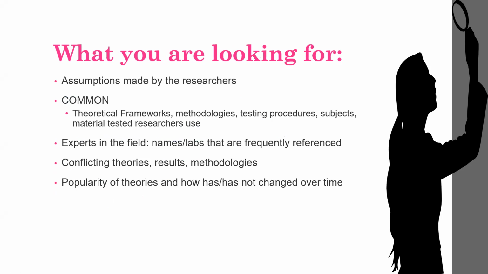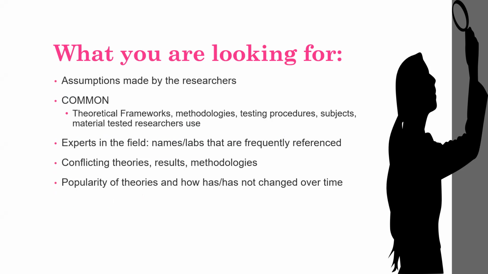So here are the things you're looking for as you come back through your articles, now that you have a nice little collection of about 20. You're asking, what are some common assumptions that researchers in that field tend to express? Are there common theoretical frameworks that they're referring to?